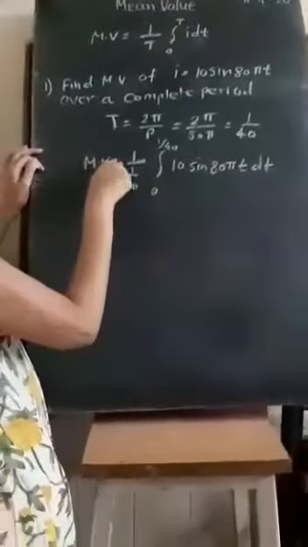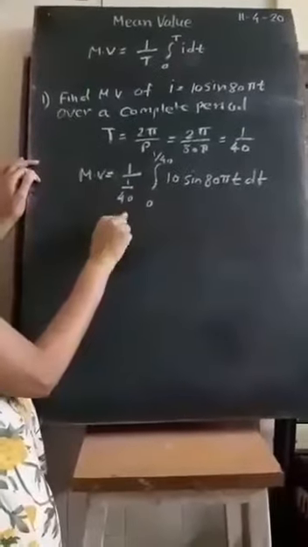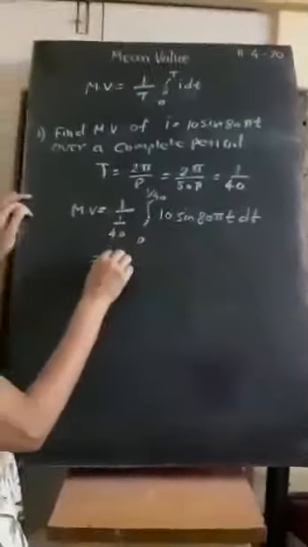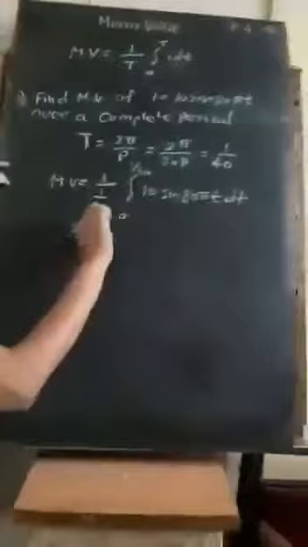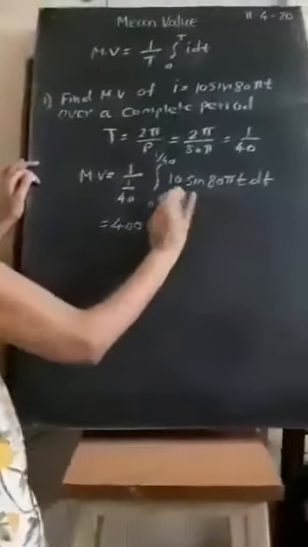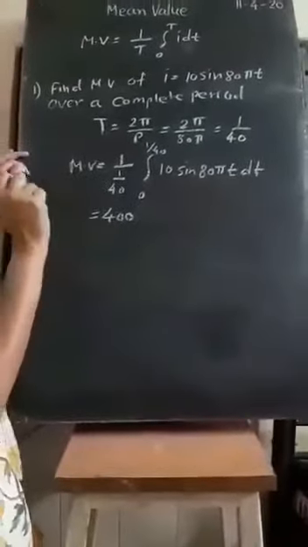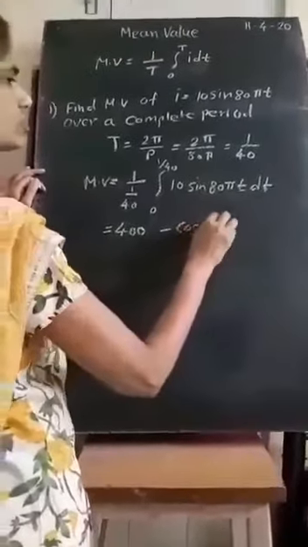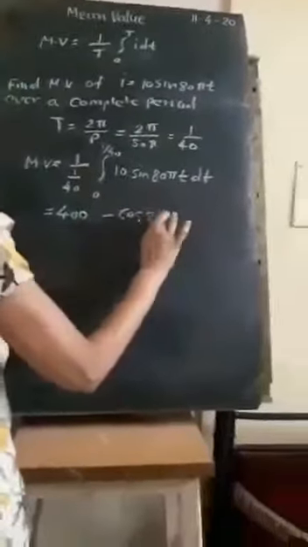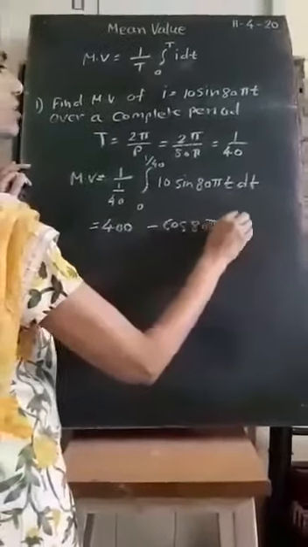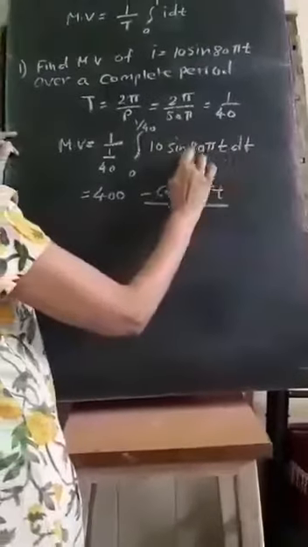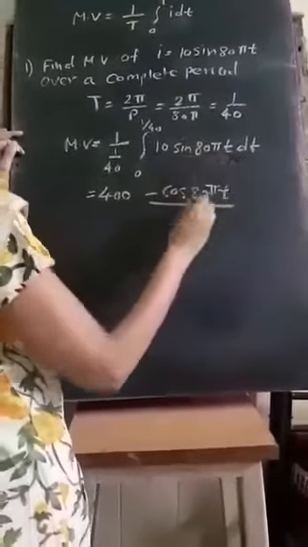So 10 will come outside the integration. 1 upon 40 will become 40. So it is 40 into 10, 400. Now just see how to integrate sine. Integration of sine is minus cos 80 pi t, but as we are having 80 pi t, we have to divide by the derivative of 80 pi t.